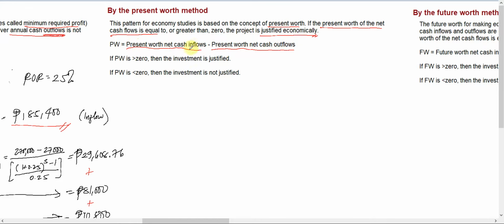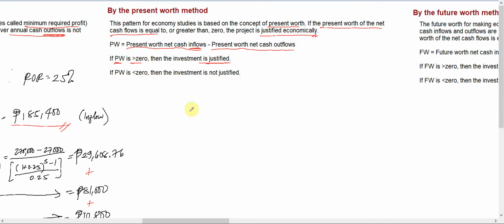So again, kapag mas mataas yung inflows natin kaysa outflow na pera, kahit present worth pa yan or future worth, justified yung investment natin. No? So if present worth is greater than 0, the investment is justified, and if present worth is less than 0, then the investment is not justified.